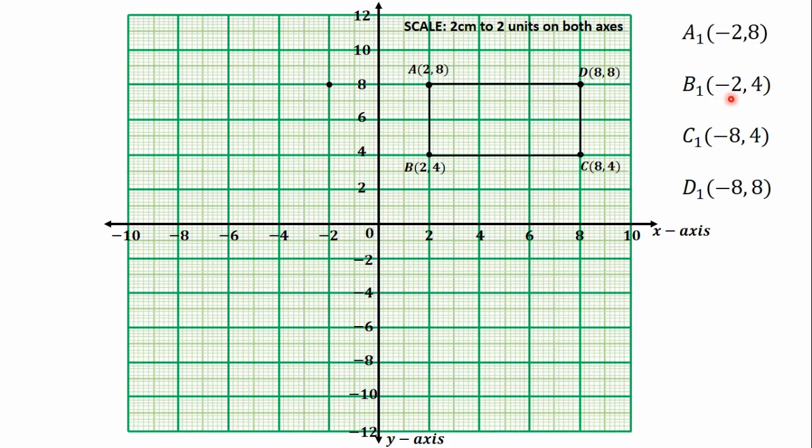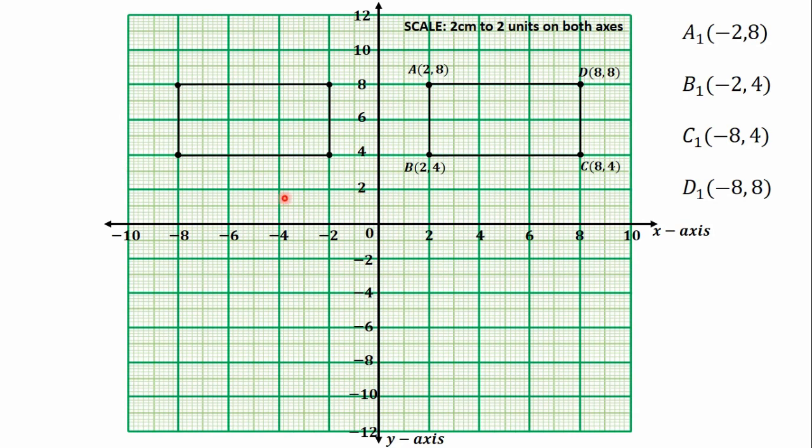B1 has the coordinates -2, 4. We have that here. C1 has the coordinates -8, 4. So -8 on the x-axis, 4 on the y-axis. We have that here. And D1 has the coordinates -8, 8. We have that here. We can now join them with a straight line to get rectangle A1, B1, C1, D1.